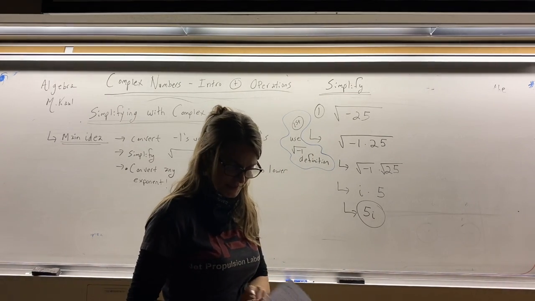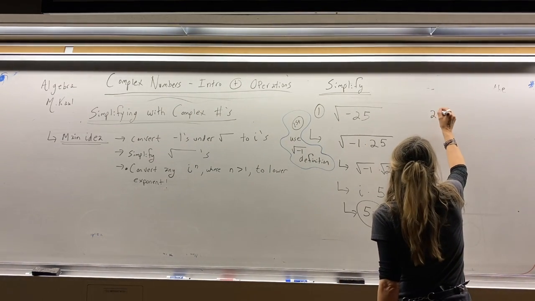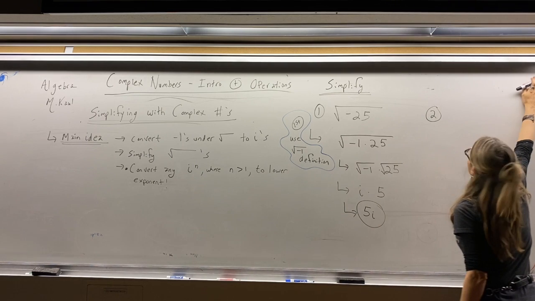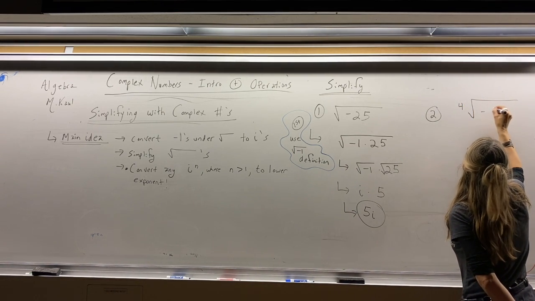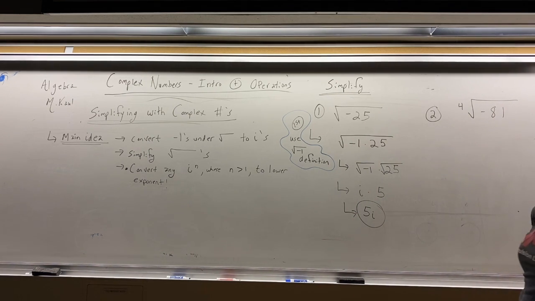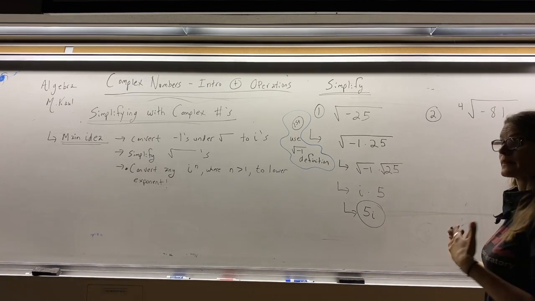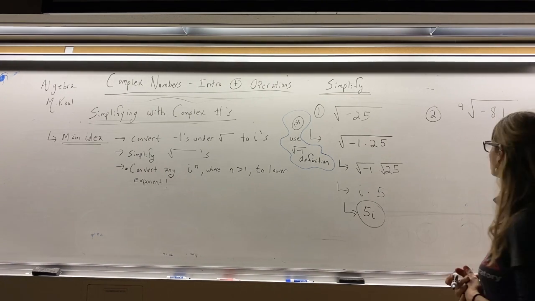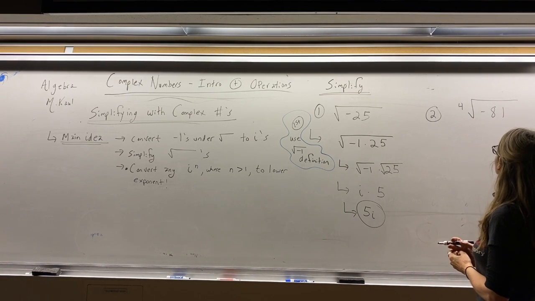Okay, some other ones that I want to look at. Let's go ahead and do another practice problem. Why don't we do the 4th root of -81. Here's an even root. How would I work with this one? Well, I can't take the even roots of negative numbers again, so I need to somehow extract my complex number out of there.